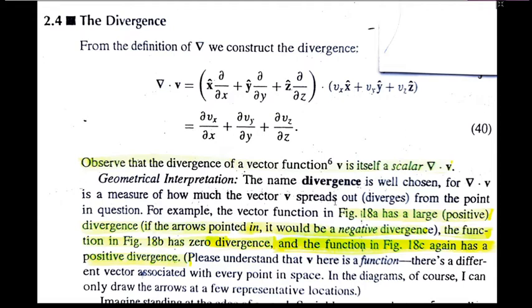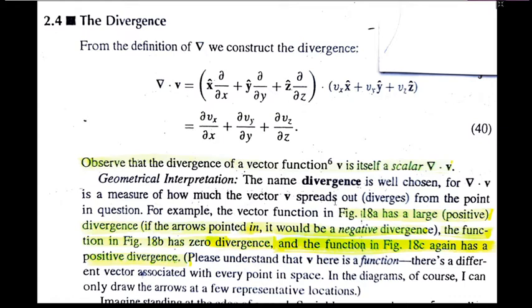Suppose the divergence outcome is positive, then at that particular point of interest the divergence is positive. That means flux is spreading out, or the flux density is positive. That means flux per unit volume is positive. Whereas there is also a possibility that flux is going in, so that would be referred to as a negative divergence, and that is nothing but convergence.